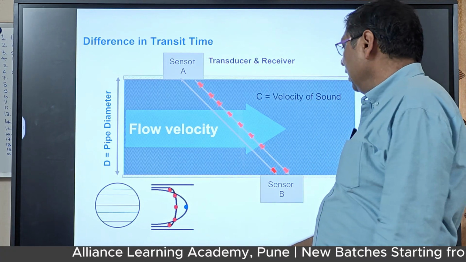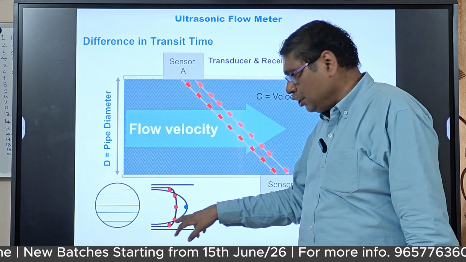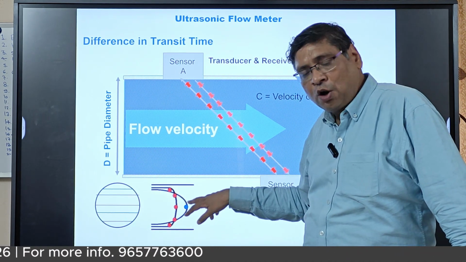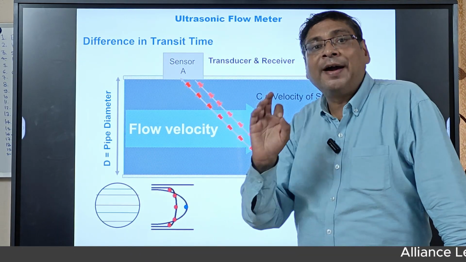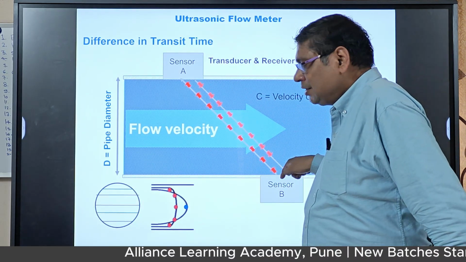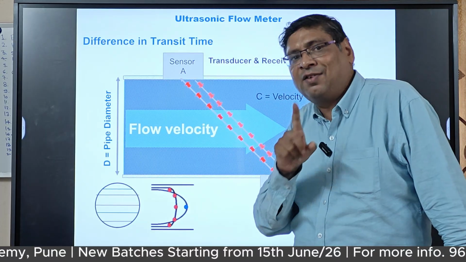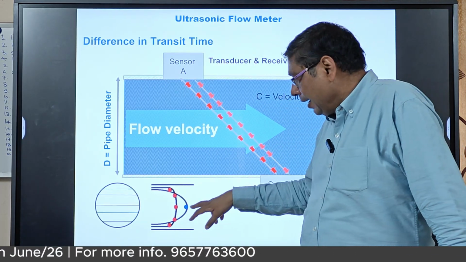Here you are seeing another diagram. If you see this yellow one, this blue one, it is the point velocity. If I have only two sensors, then my profile is fully developed, and a fully developed profile is a parabola, so it is cutting at this point.